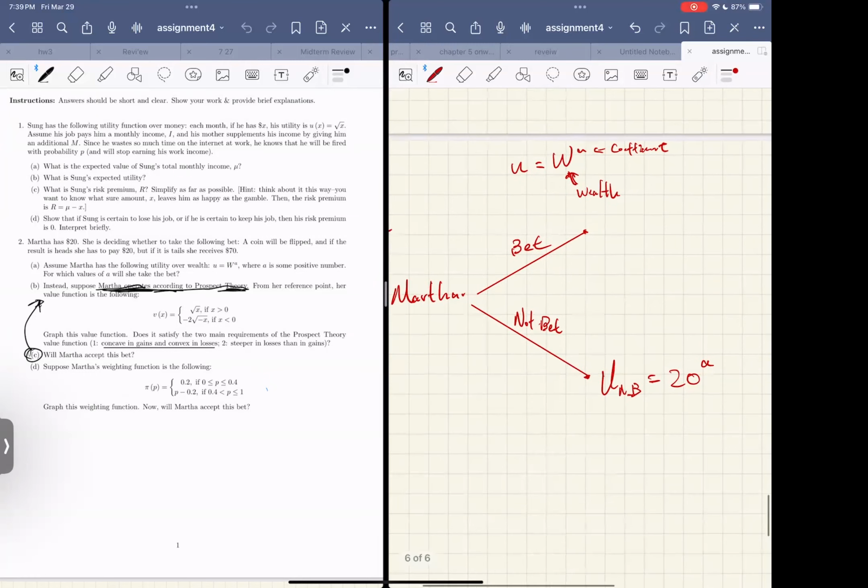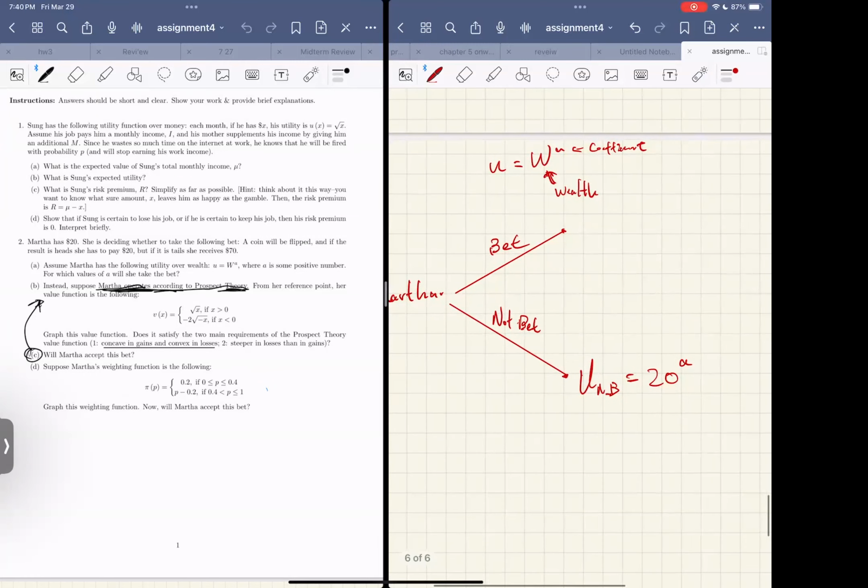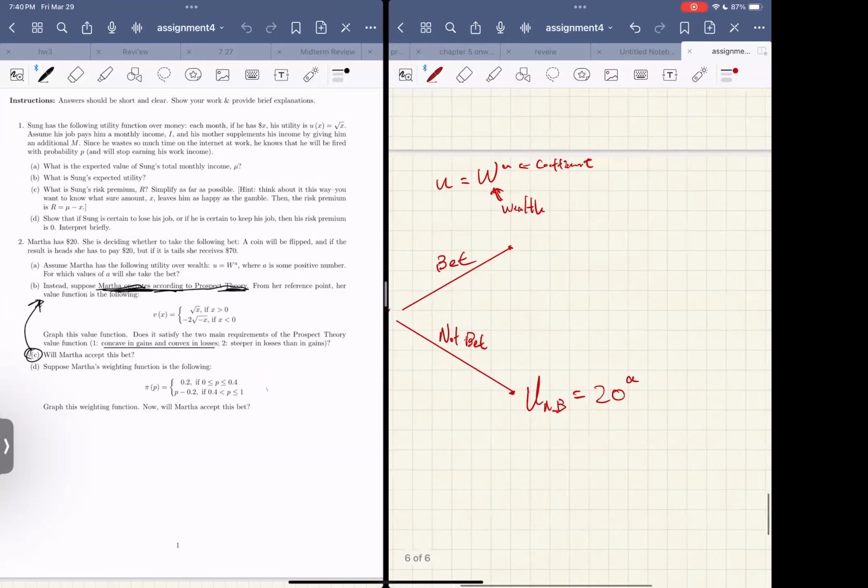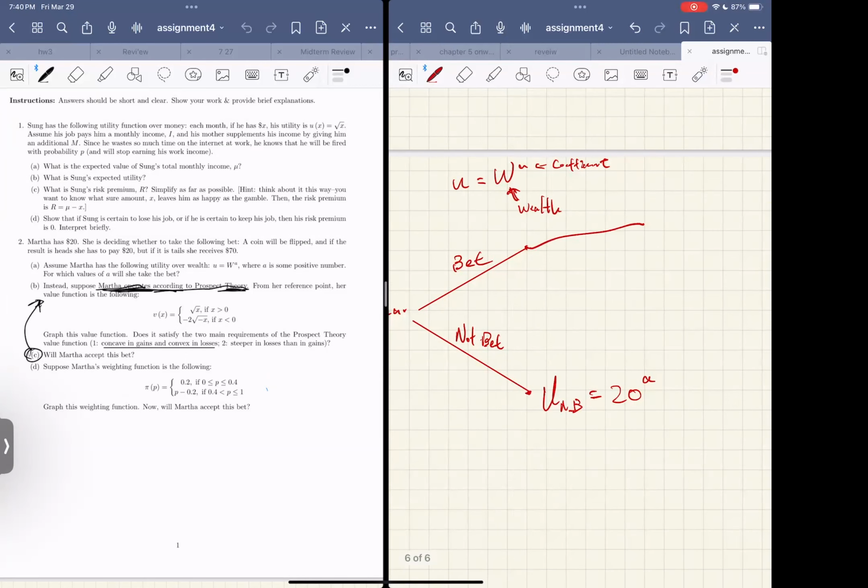Your utility of bet depends on the probability. It's a coin flip, so here we have two more lines: a lose and a win.